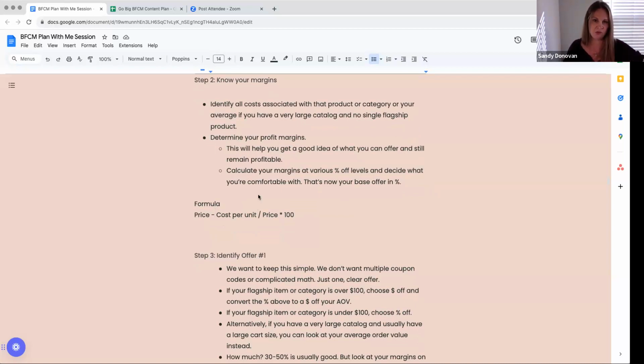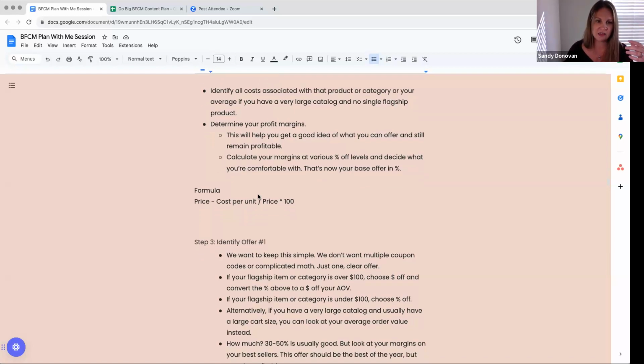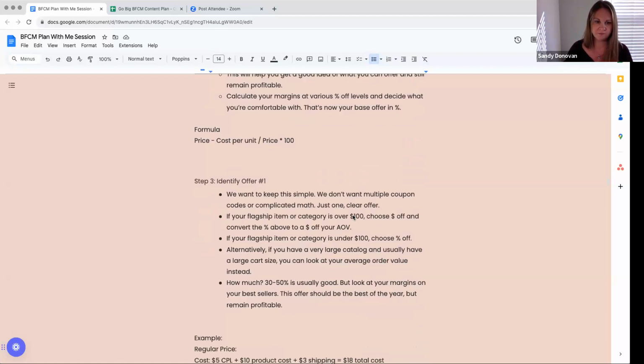So, what you need to pay your manufacturer, what it costs to ship that product over to you or to your warehouse, shipping costs, if you cover that for your customers, ad cost, lead acquisition cost, all of that. So what is your cost per unit? And then know what your normal price is that you sell it for. Divide that by price times 100, and that's going to tell you what your profit is.